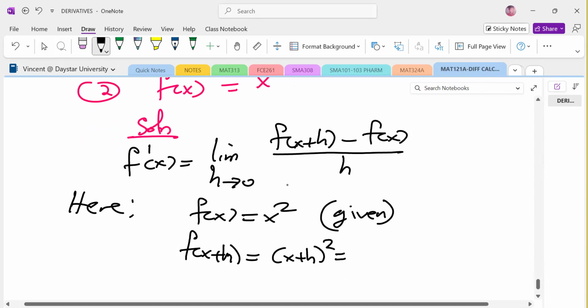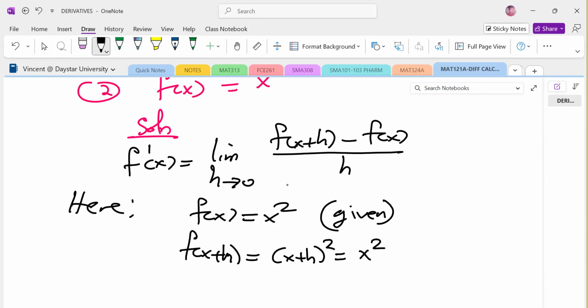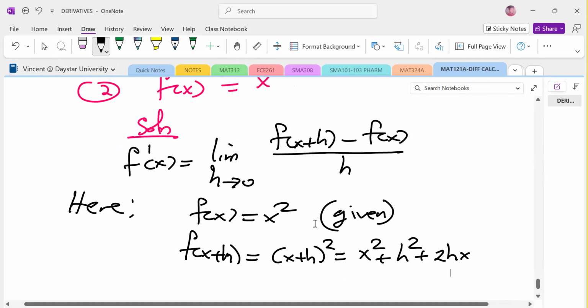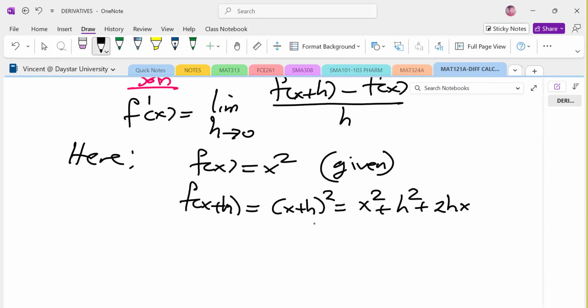So when you square this, we get x squared plus h squared plus 2hx. You can open the brackets and find that this will be the expansion of that expression.